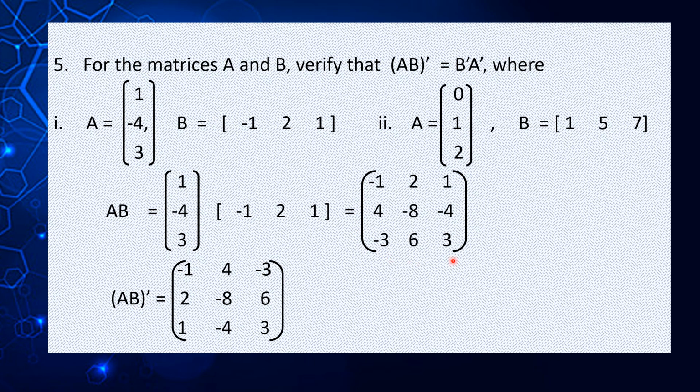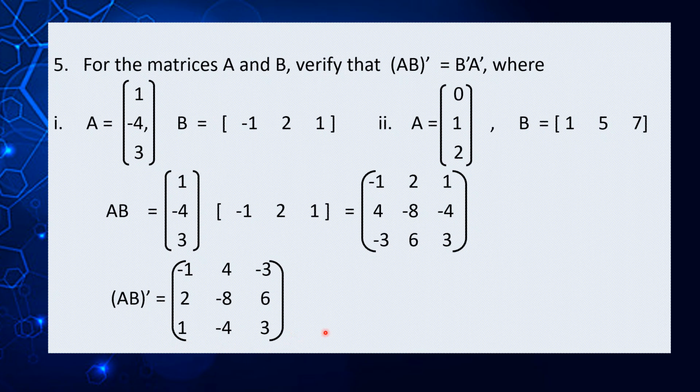So this is the matrix AB. Now we have to find the transpose of AB, which would be minus 1, 4, minus 3, 2, minus 8, 6, 1, minus 4, 3. So this is AB, the whole transpose.